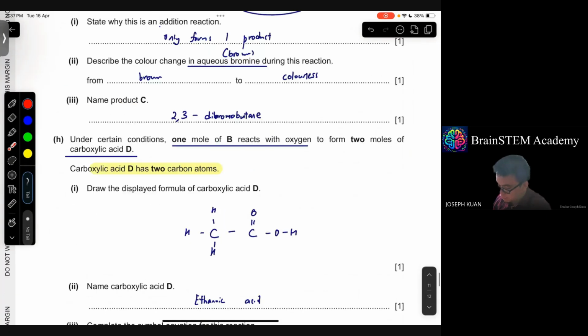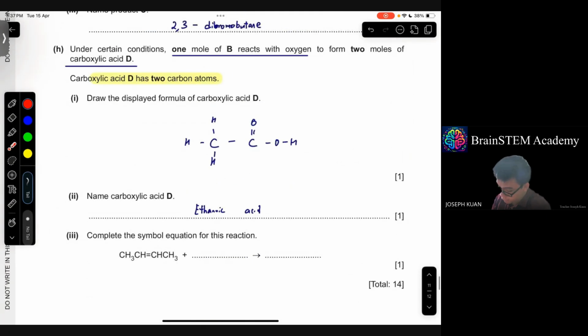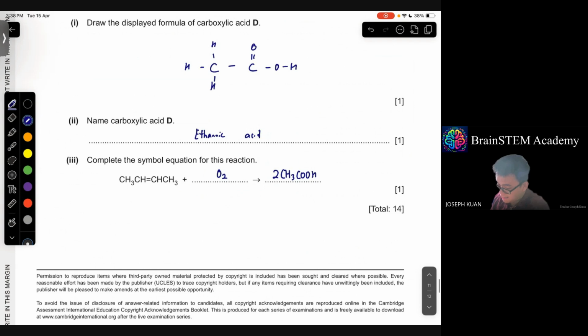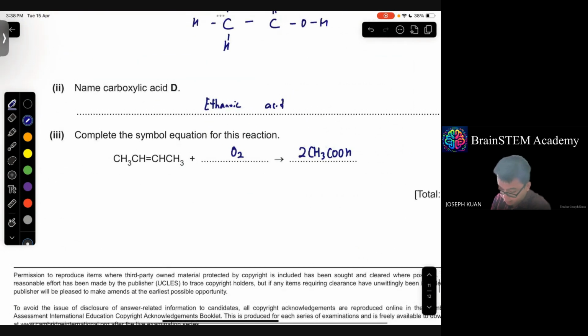Now, complete the symbol equation for this reaction. It says that it reacts with oxygen to form 2 ethanoic acid, given from the statement itself. So I form CH3COOH. And to balance this equation, we already have 4 carbon on both sides.